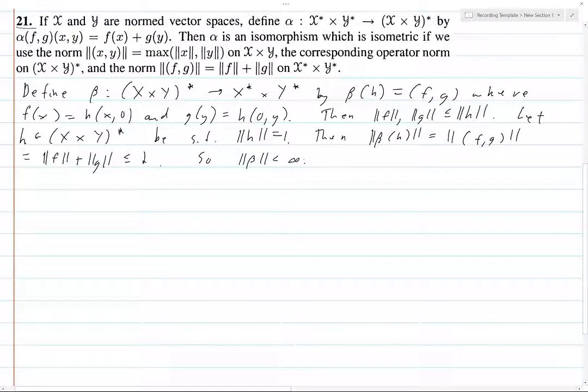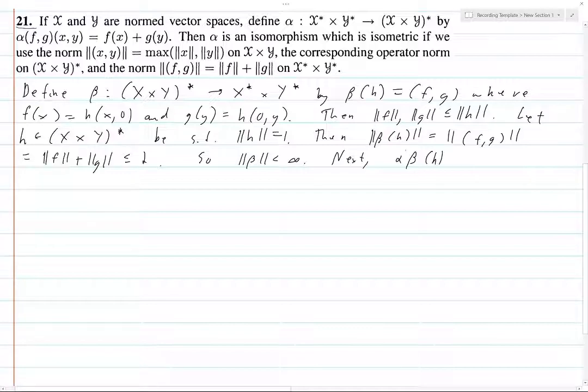So what we want to do is show that alpha is an isomorphism. So we want to show that beta is its inverse. Next, alpha beta of h. Right, so alpha, you give it an f and a g and then an x and a y.